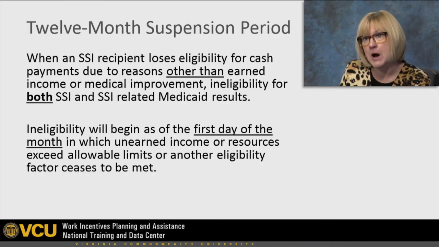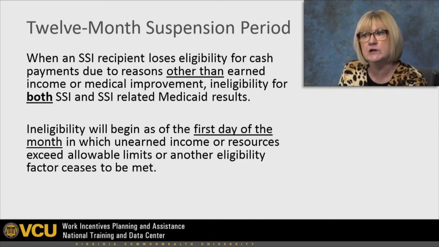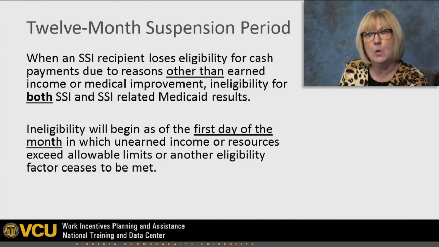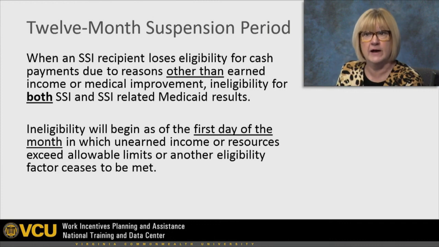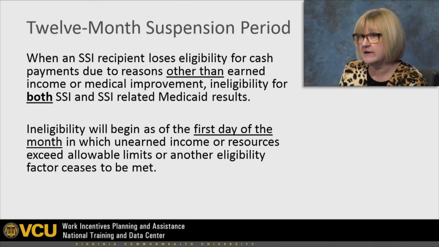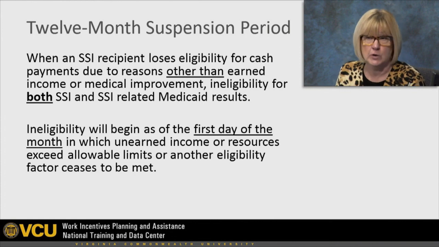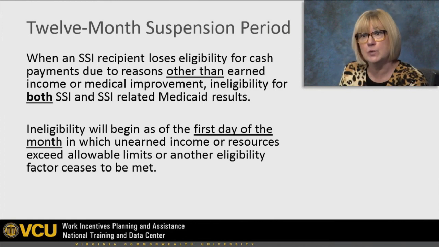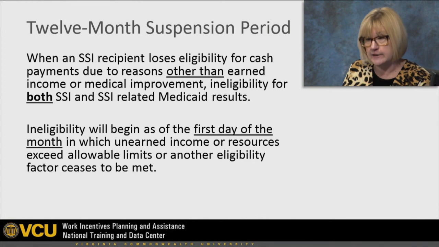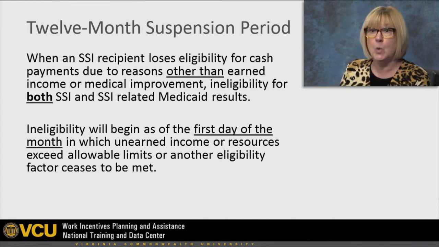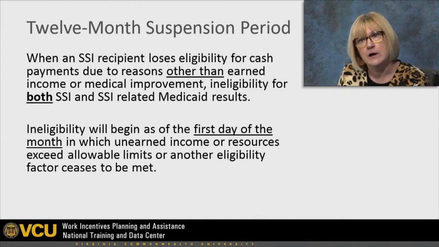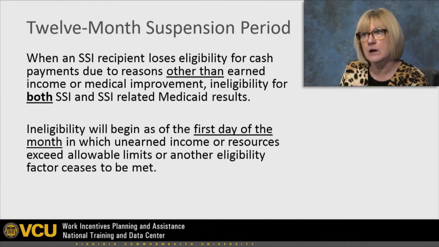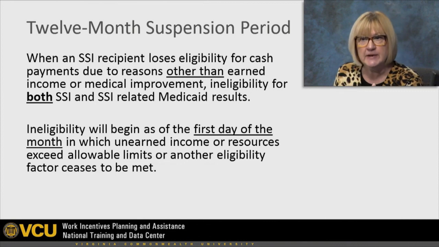Now, a really important policy in the SSI program that unfortunately is not well known or understood is something called the 12-month suspension period. So when an SSI recipient is found ineligible for SSI because of excess income, whether that's earned or unearned, or they're ineligible because of marital status or deemed income or resources, SSI recipients tend to think, oh, if I'm not eligible, I've been terminated.